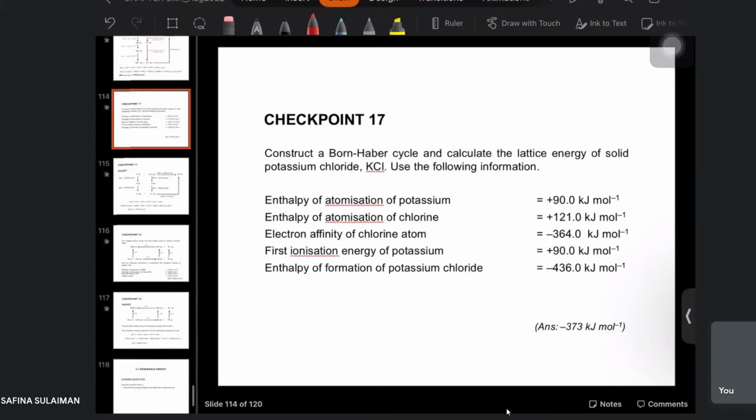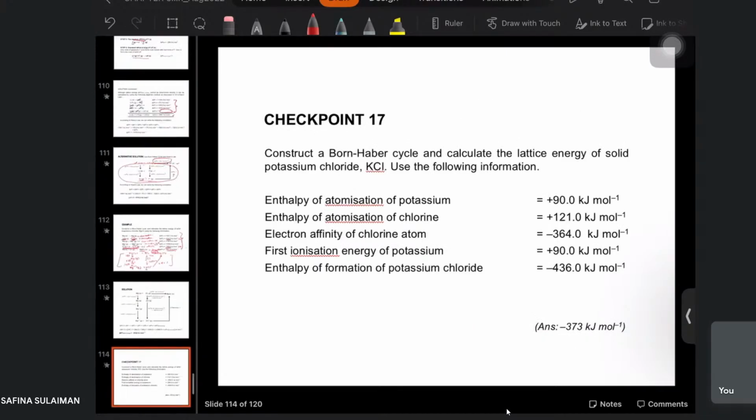Okay, checkpoint 17. Okay, you ada 17 and 18. Okay, try buat 17.